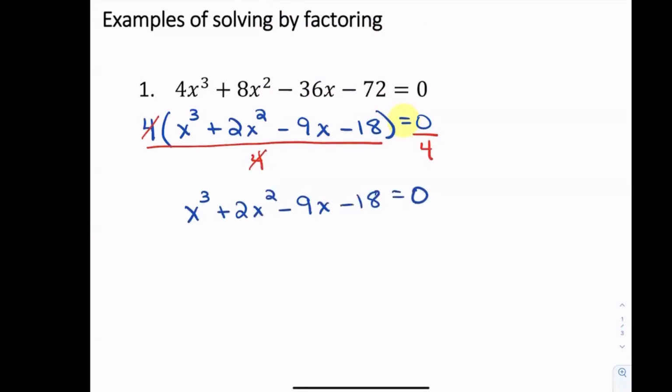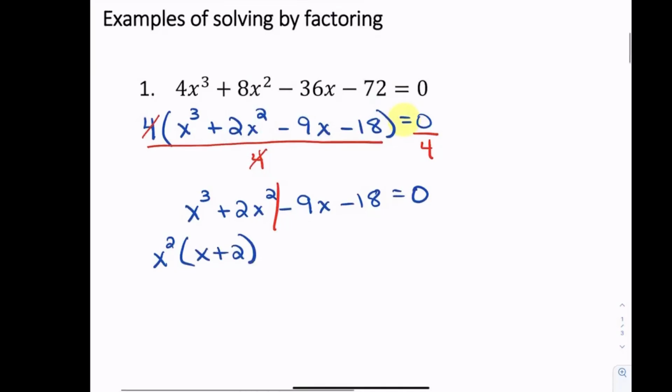Now we're left with a polynomial on the left-hand side with 4 terms, so we're going to see if we can factor by grouping. We split those 4 terms into 2 and 2. The left 2 has a GCF of x squared, leaving us with x plus 2. The right 2 has a GCF of -9, leaving us with x plus 2. That's still equal to 0.